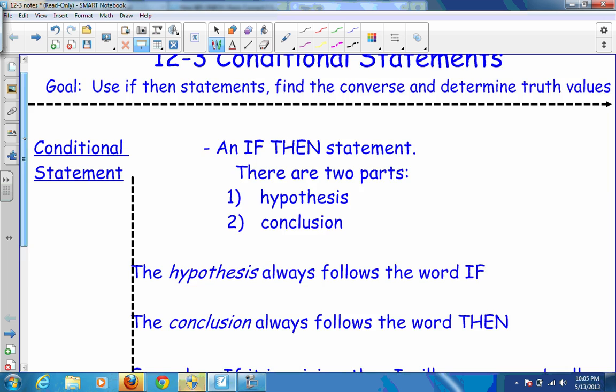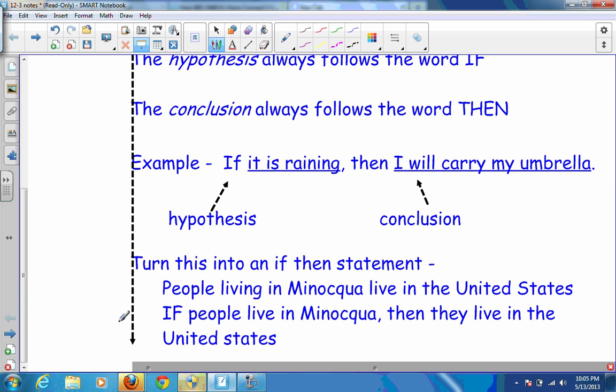Let's go back to our original statement here. If people live in Minocqua, then they live in the United States. The converse of that is, if people live in the United States, then they live in Minocqua.